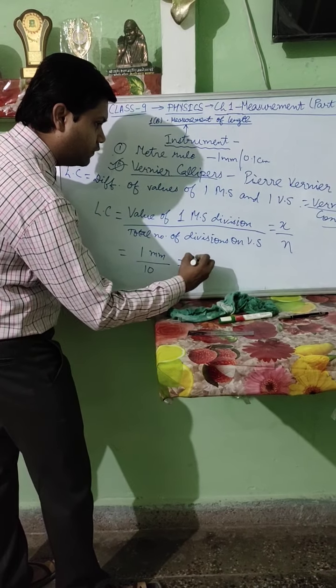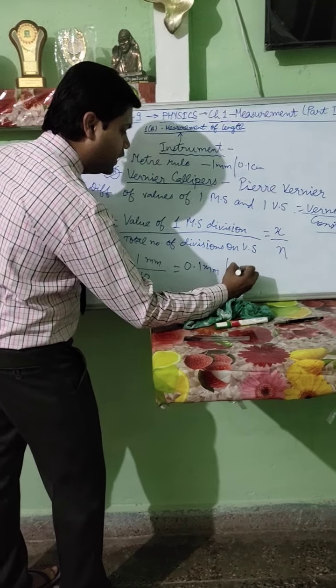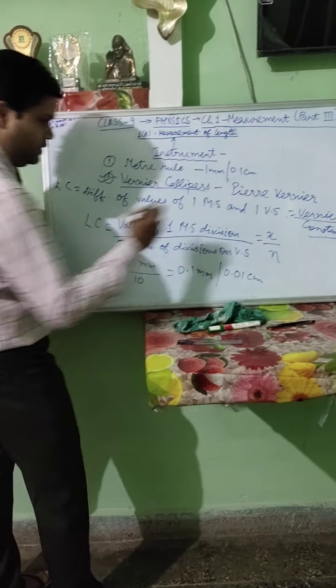Therefore, the least count will be 0.1 mm, or we can also say 0.01 centimeter.